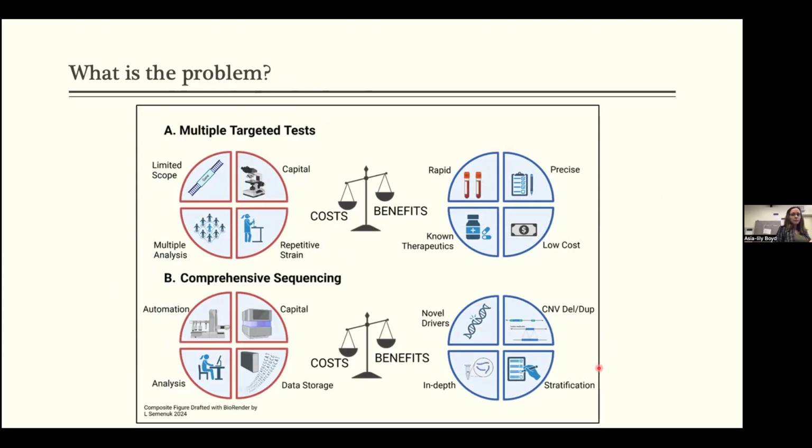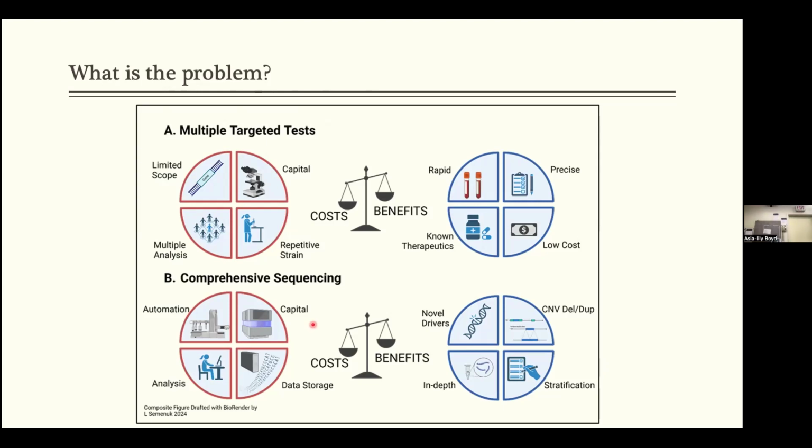Now, the cost of these tests is that they're limited in scope. They often involve repetitive strain because there are multiple smaller tests that we don't have the capability of automating as easily. And there are multiple analyses that have to get done in order to pull all that information together for that patient's diagnosis. If we look at a comprehensive sequencing approach at the bottom here, there are still going to be costs with respect to the equipment.